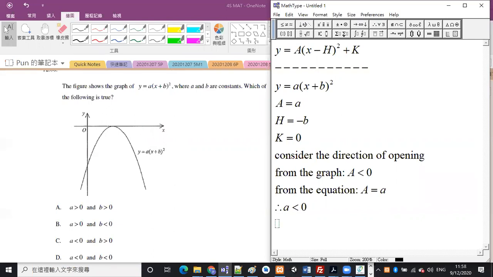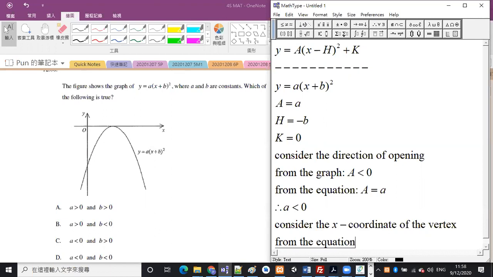b. OK, 我哋就會 consider the x coordinates of the vertex. OK, from the equation, the x coordinate of the vertex is h.